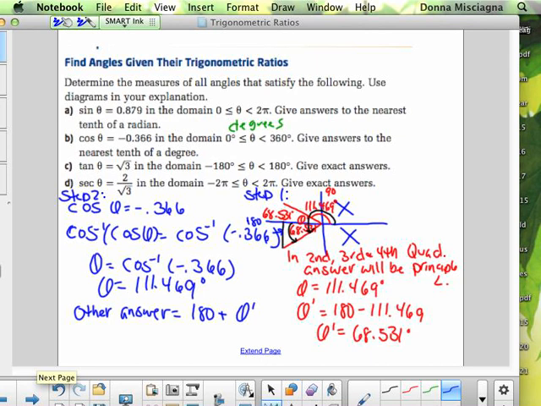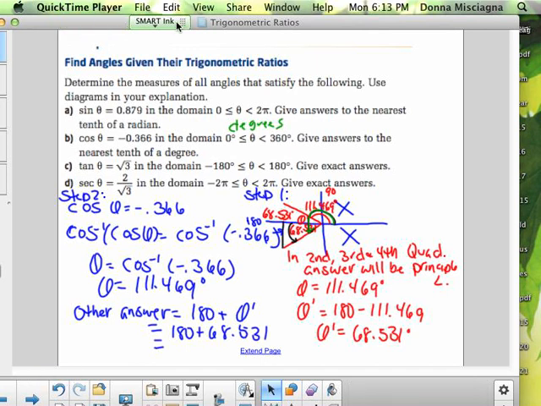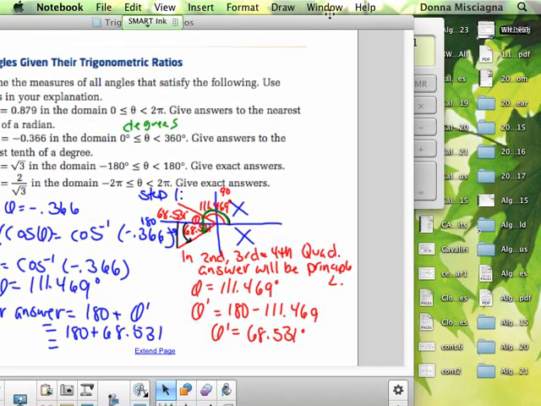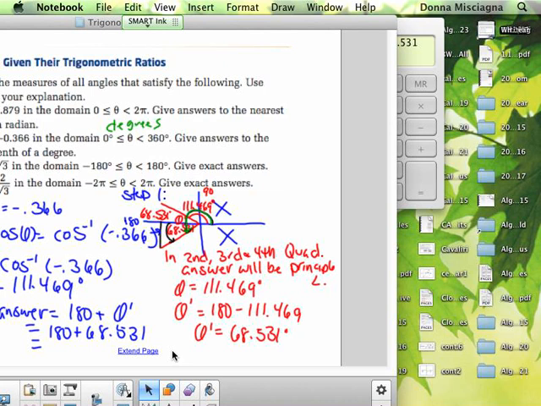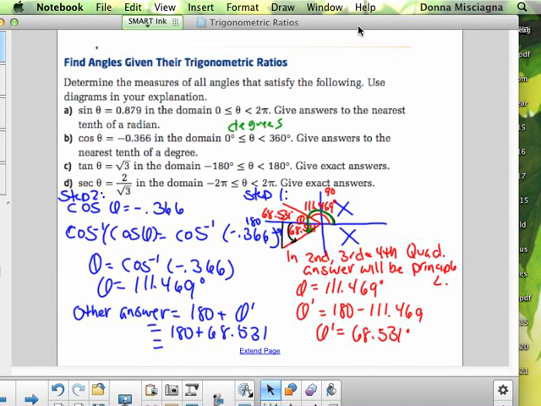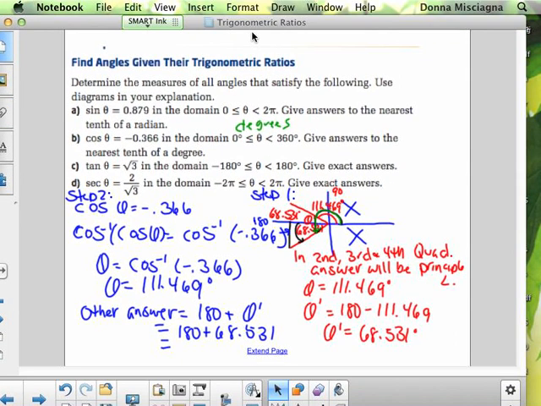So we have to add 180 degrees to that value to find our other answer. So that would be 180 plus 68.531, which is 248.531. I don't know why I brought a calculator out for that. I could have had it in my head. I wasn't subtracting. 248.531.